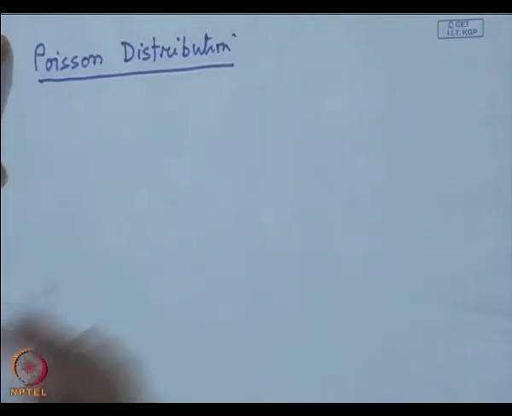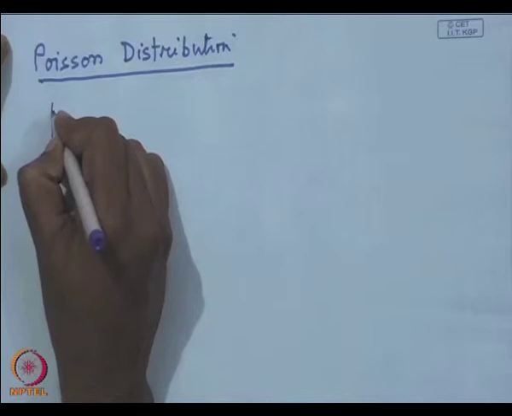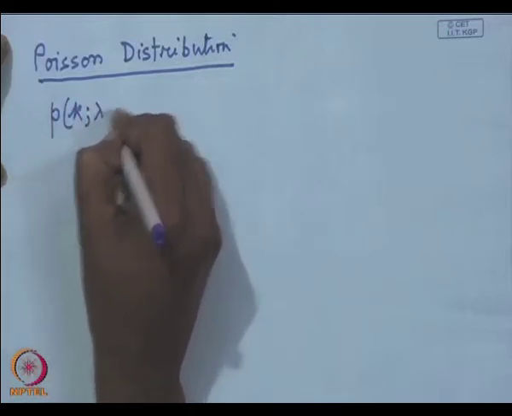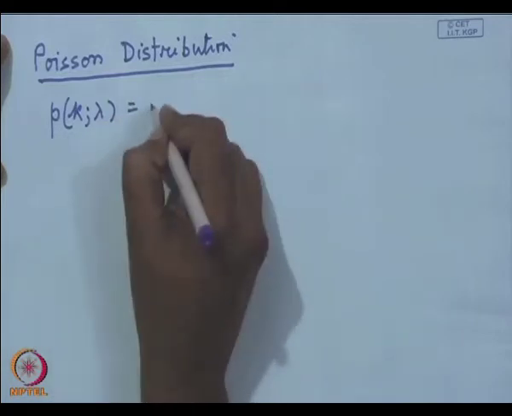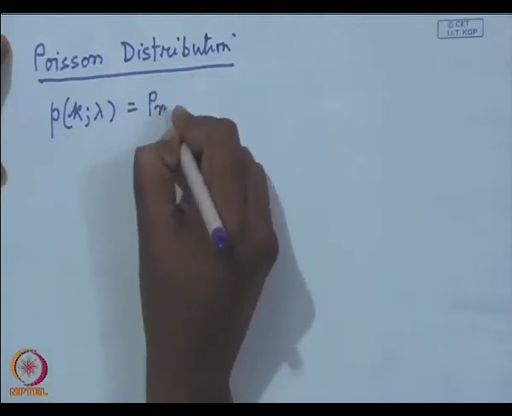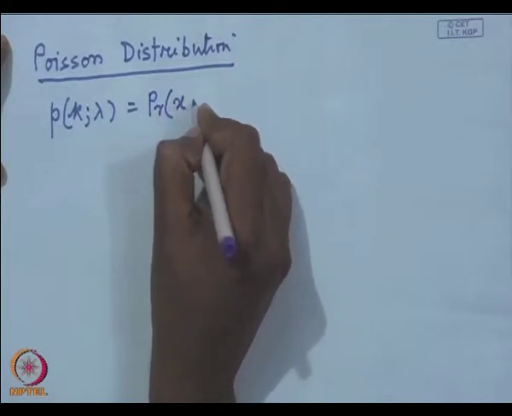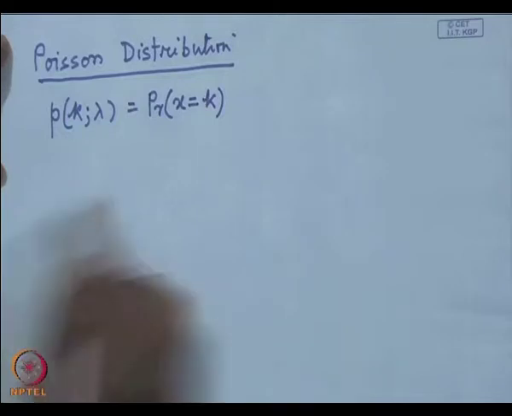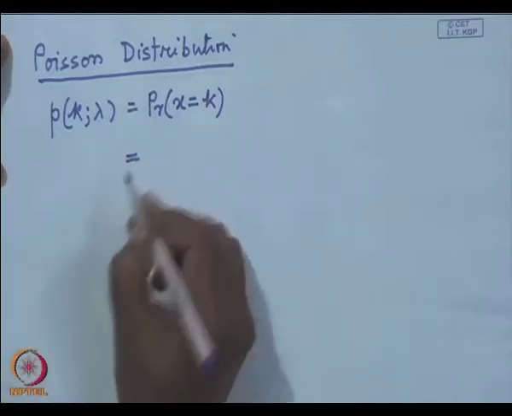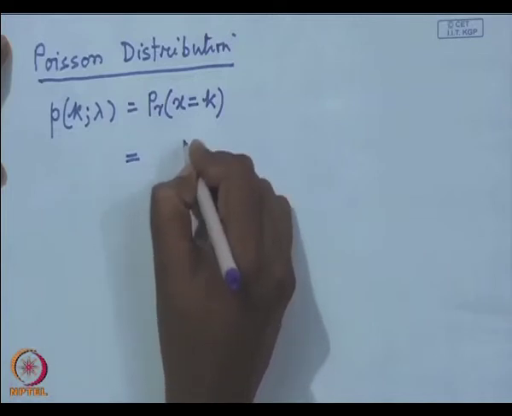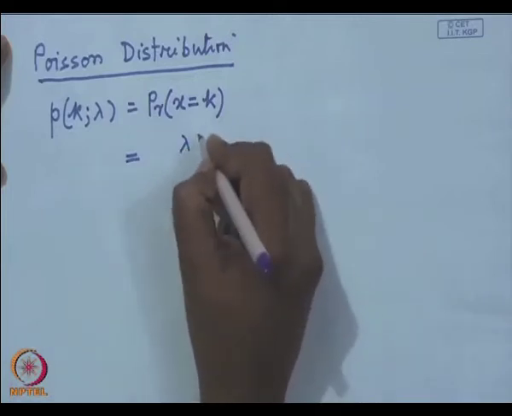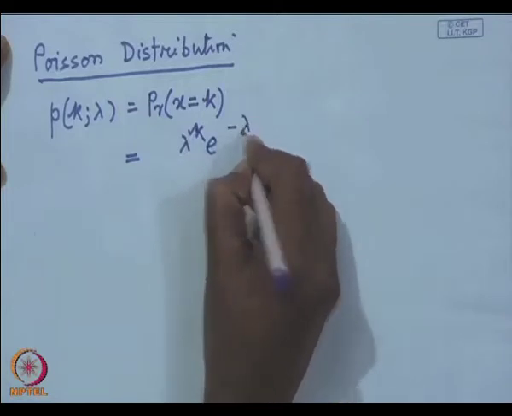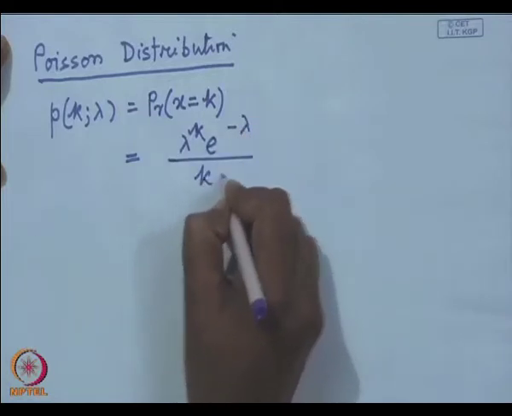And the analytic form of the Poisson distribution is P of k given lambda, which actually represents the probability that the variable x takes a value equal to k. And the analytical expression for this is simply lambda to the power k e to the power minus lambda upon k factorial.